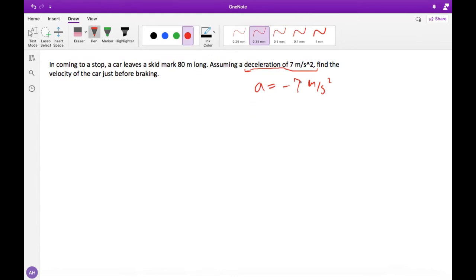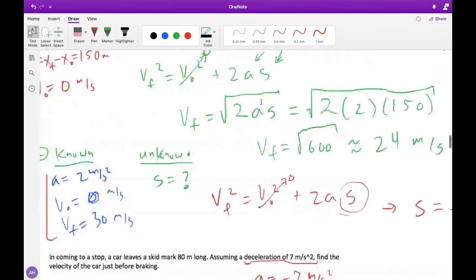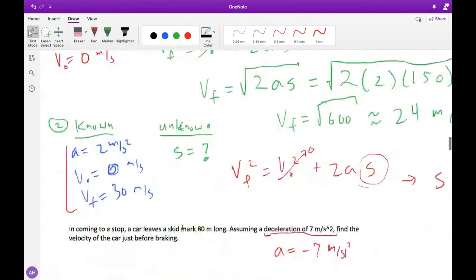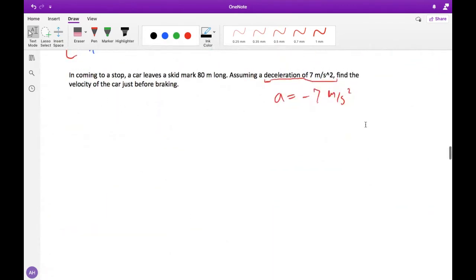So this basically should indicate that we need our equations of motion for a constant acceleration, which are, again, these equations. And it says now we have to find the velocity of the car just before braking. So let's draw a quick picture here.